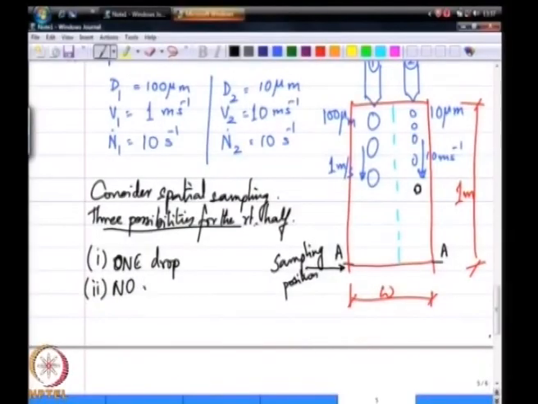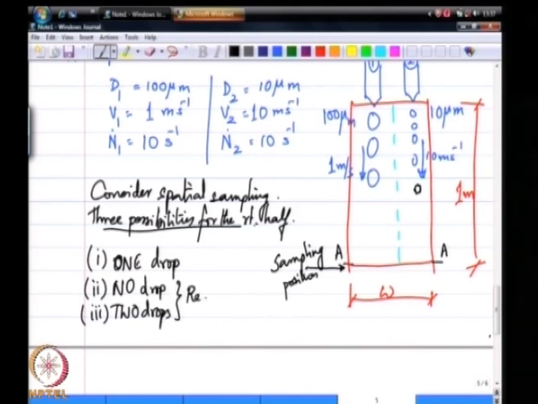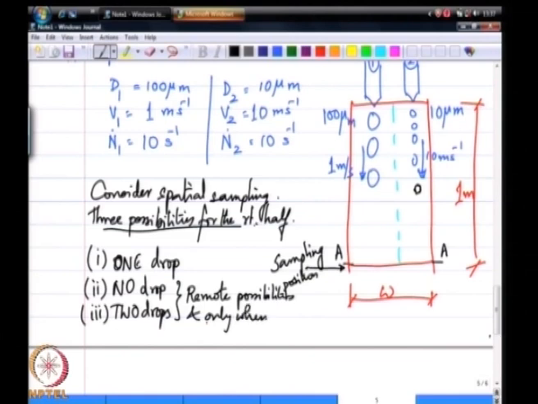So, really speaking, I have one drop somewhere in the frame, or I could have no drop or two drops. These are all remote possibilities, and only when L is not equal to 1 meter exactly.